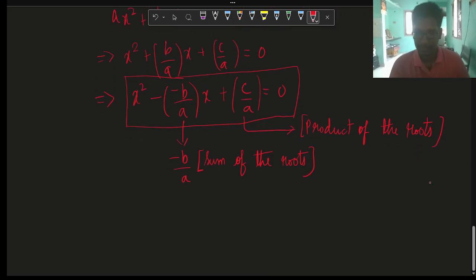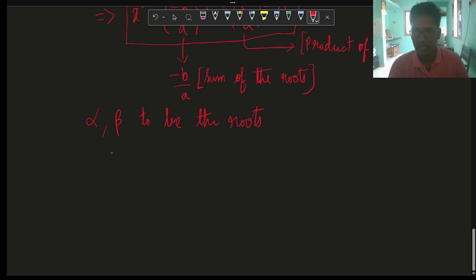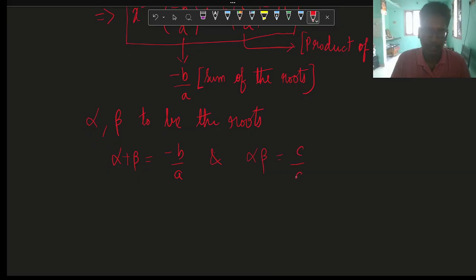So let us take alpha and beta to be the roots, which means the sum alpha + beta is equal to −b/a, and alpha beta is equal to c/a. This is really to be noted.